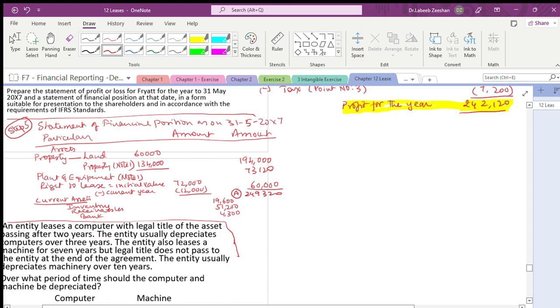How much is the total? 19,600 plus 51,200 plus 4,300 is 75,100. Okay. Total assets are how much? 249,320.